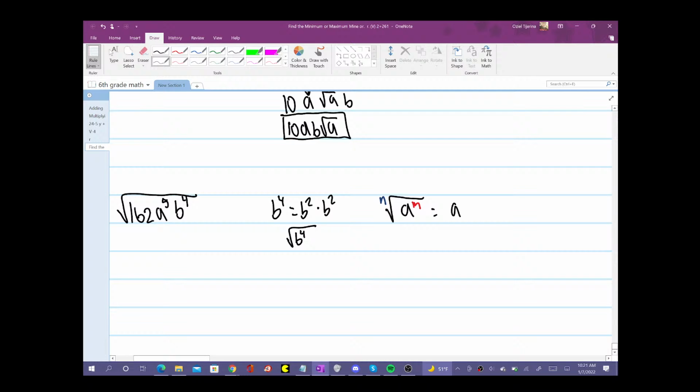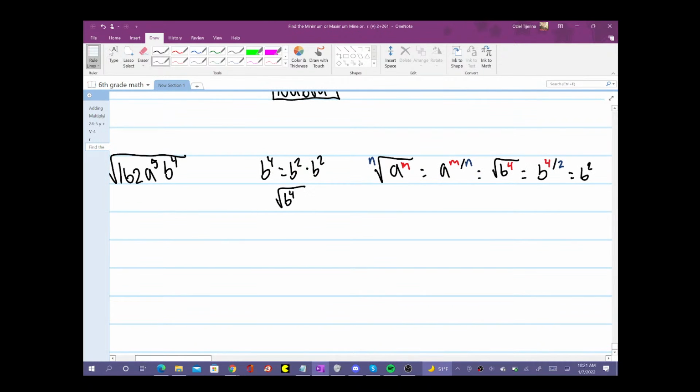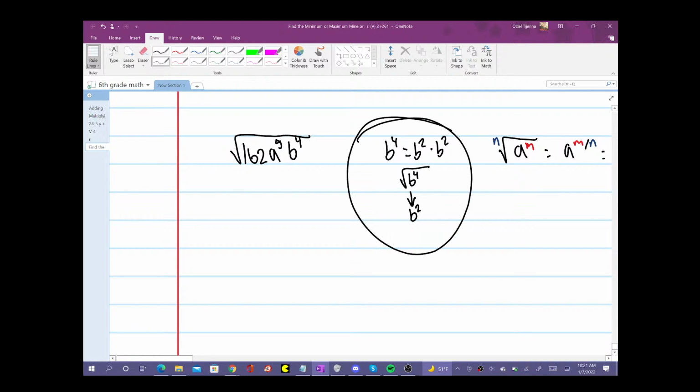This is a raised to the m over n power. So that means that the square root of b to the 4th equals b raised to the 4 divided by 2 power, which means b to the 2nd power, which means b squared. So this actually turns into b squared. This is why we must remember this, guys. This is really, really important.